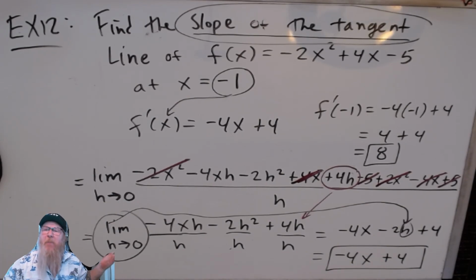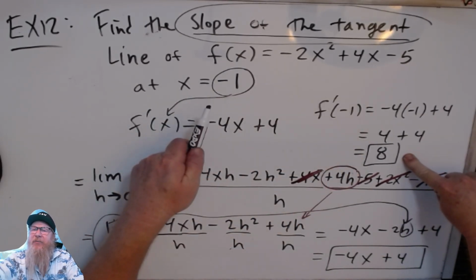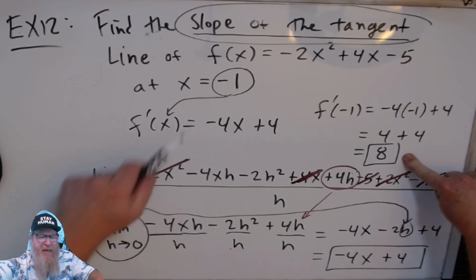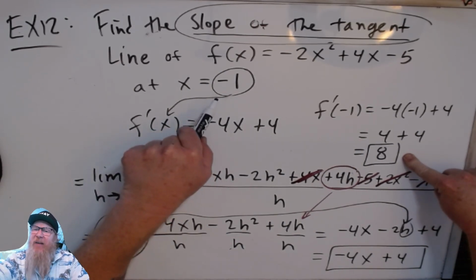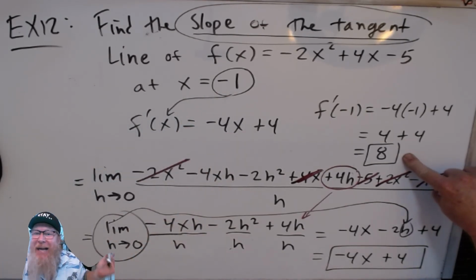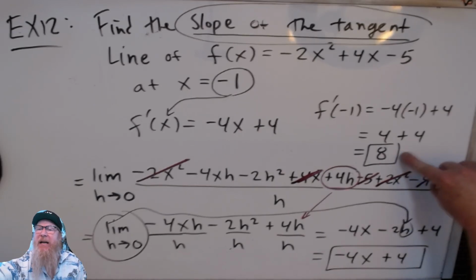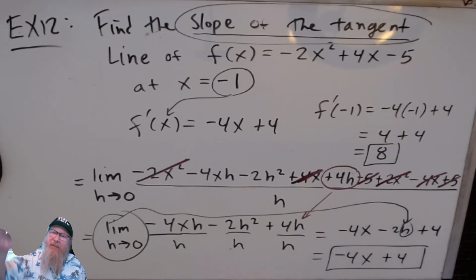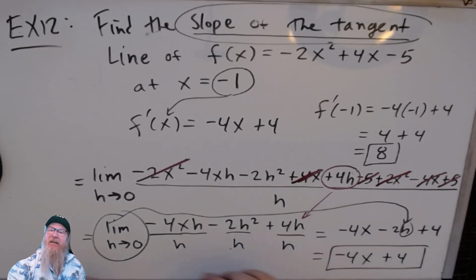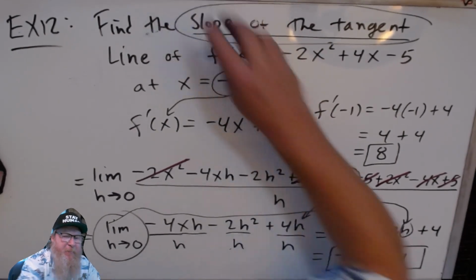Well, yeah, the slope is positive, but with the tool of the derivative, this very powerful tool, and with a specific x value, I don't even know what the y value is, and I don't care in this video. Maybe in the next one I will. In this lesson, I don't care. But I do know that the slope is 8. So that gives me a good idea of what the graph of the function looks like at this value.